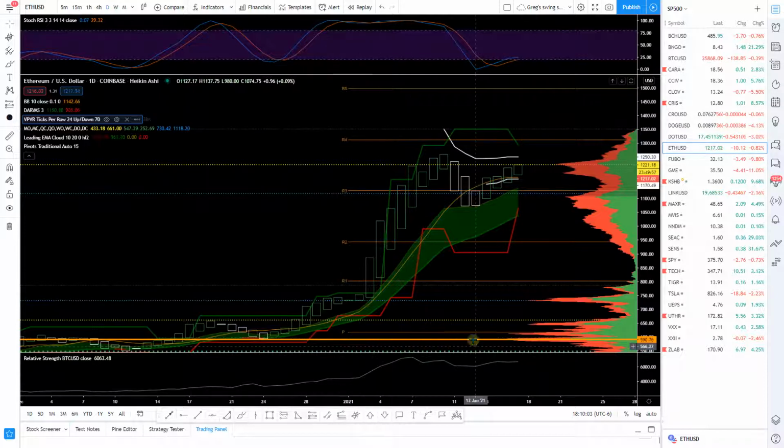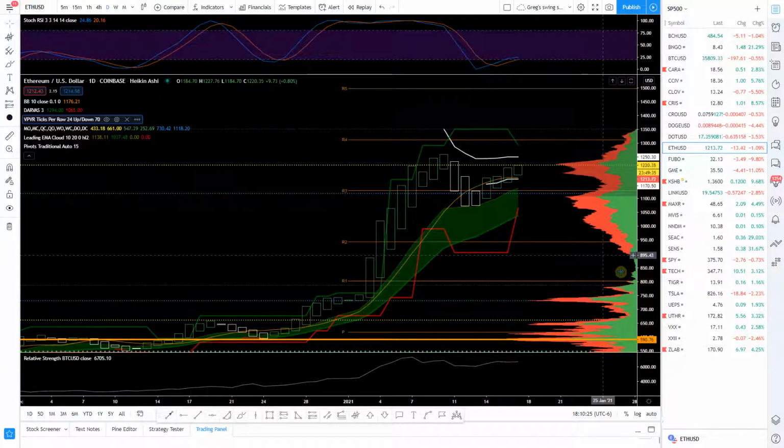That way I know if it ever comes down here, this is going to be some serious support. If it breaks this support, now you're talking bear market territory for short term. So right now it's still bullish. It's very bullish. It's very far away from that. And what this tells me, because it's so far down here, is, look at the volume structure here.